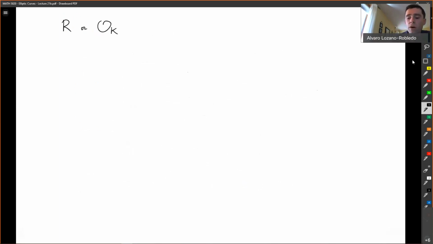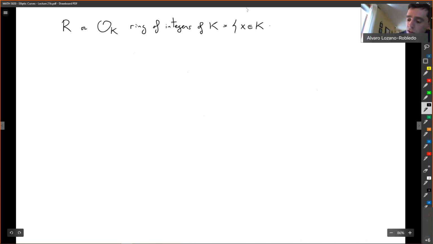So just in case, R or O_K is the ring of integers of K. And remember that in terms of valuations, this is the numbers in K whose valuation is bigger or equal to 0 for all the non-Archimedean valuations.